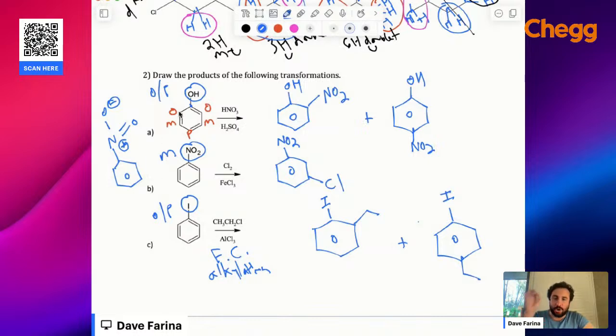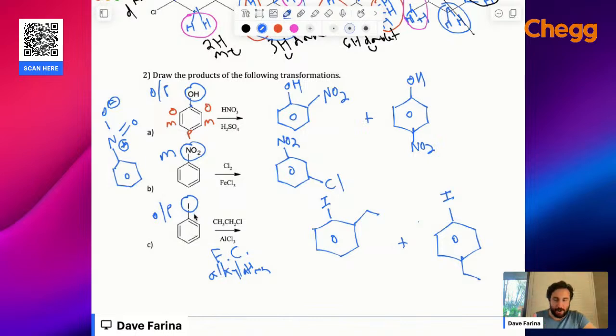So electron donating is activating. It happens faster and is ortho-para directing. The electron withdrawing are deactivating. They make the reaction slower and are meta directing. The only exception is halogens, which are deactivating through the withdrawing effect from the polarity of the bond.